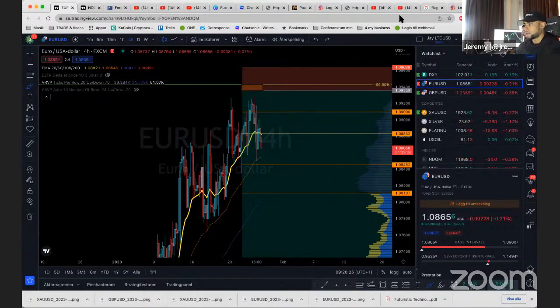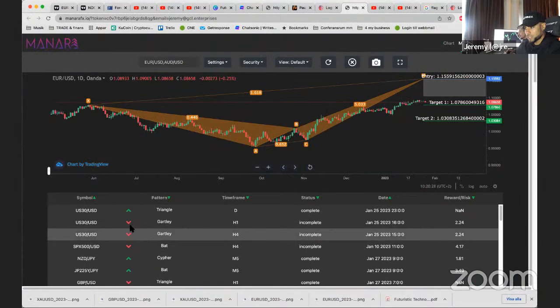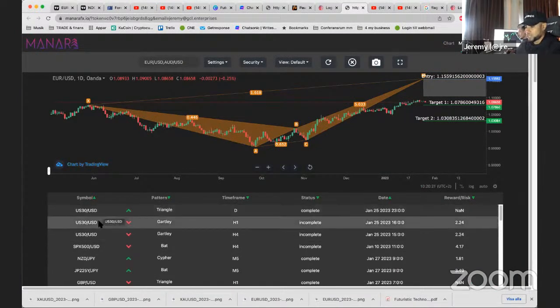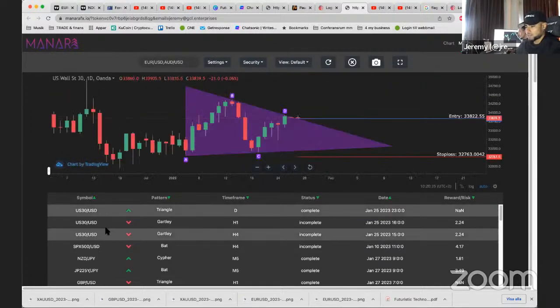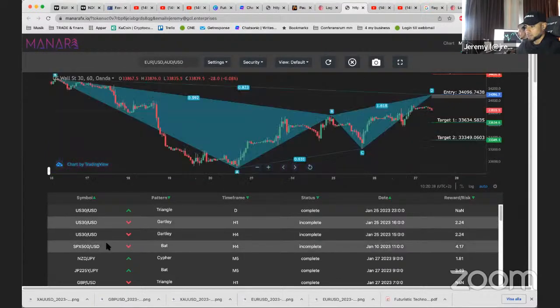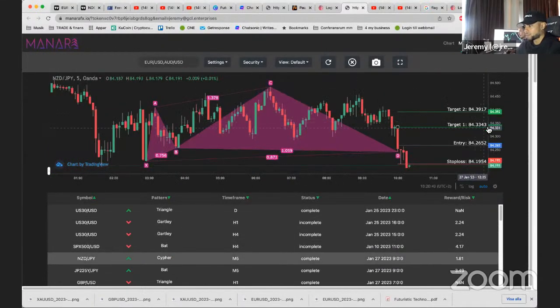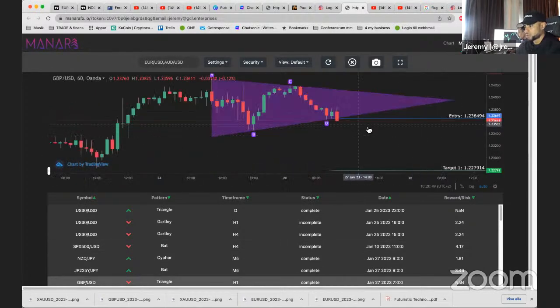With that said, let's look at Manara. So let's go from the beginning. US 30, that's Dow Jones. What do we got there? Triangle pattern. Let's look at NZJPY. Some exotics. This one already went to stop loss actually. GBP/USD, we already looked at this one.